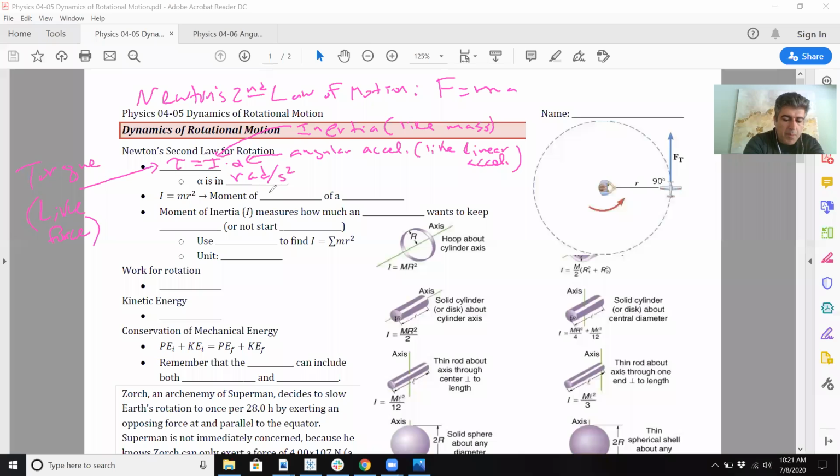I is called the moment of inertia of a particle or an object. And that's the formula we use for that. It's mass times radius squared. So we're squaring the radius. So that does impact our units quite a bit.